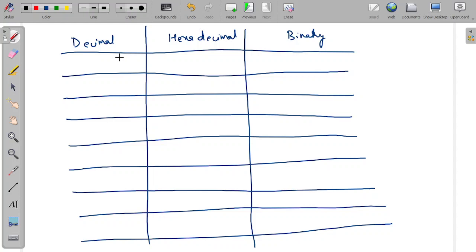So decimal, let's say 0 and 1, then 2 3 4 5 6 7 8 9. In hexadecimal also this will be the same: 0 1 2 3 4 5 6 7 8 9.